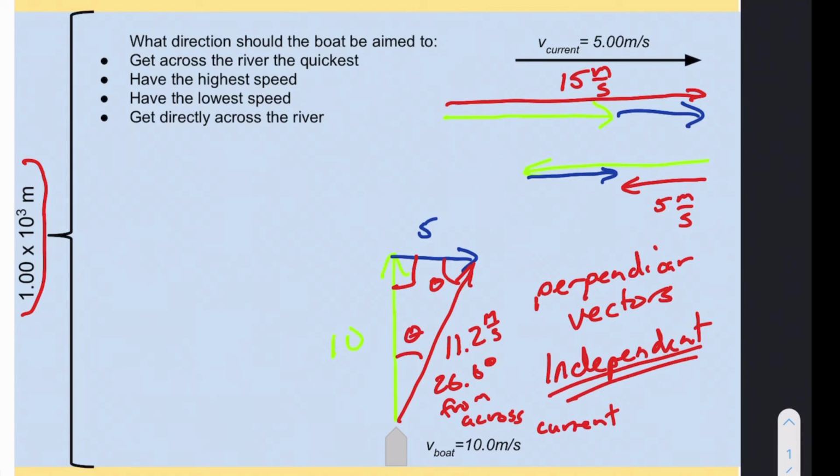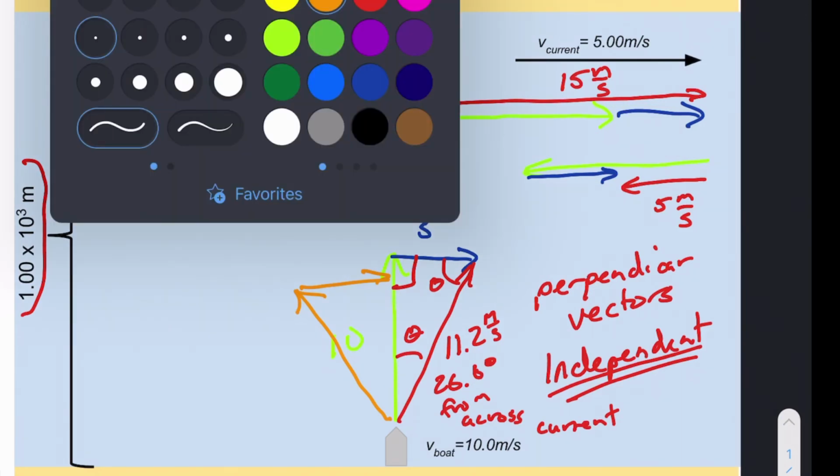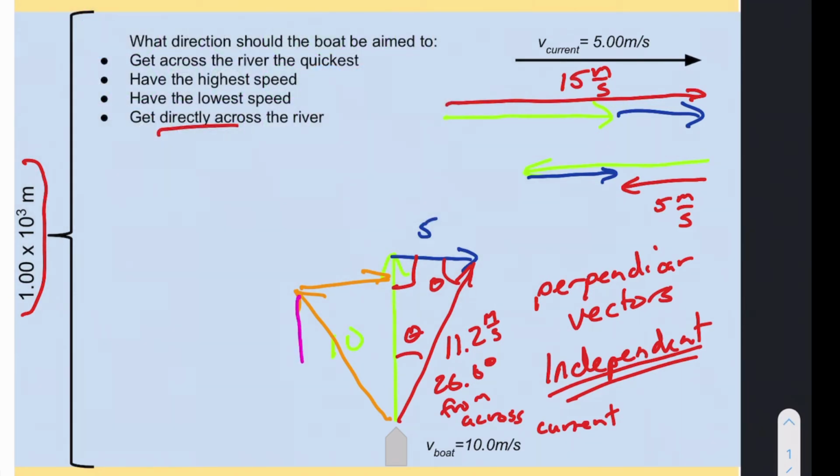To get directly across the river, one would have to aim the boat slightly against the current, enough so that the current would bring it back to directly across the river. But notice the component of velocity, and components are the parts, the vectors that add together.